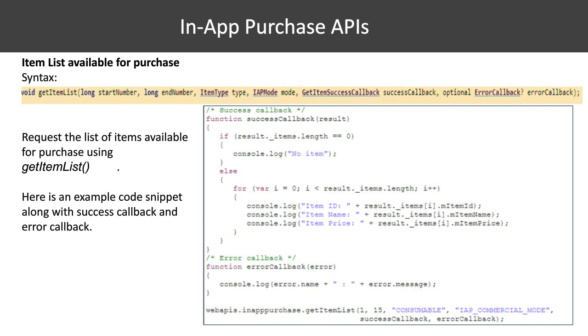And then there is a success callback and an error callback. Based on the type of error, you can display a UI pop-up accordingly. So this is the example code snippet on how to use this get item list API.